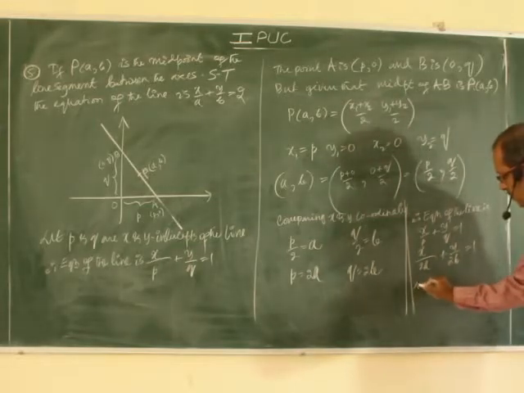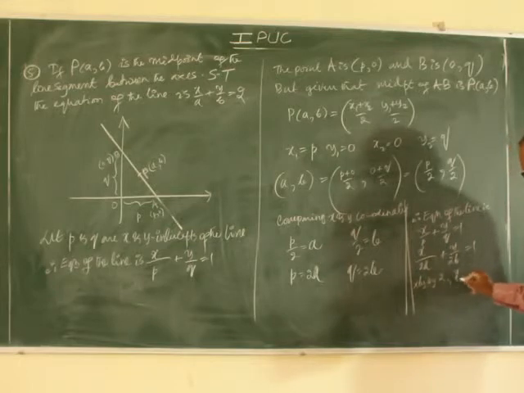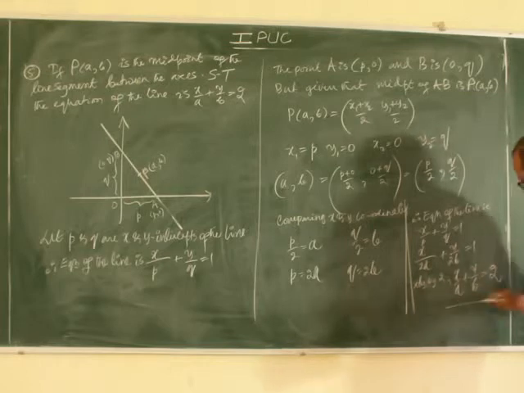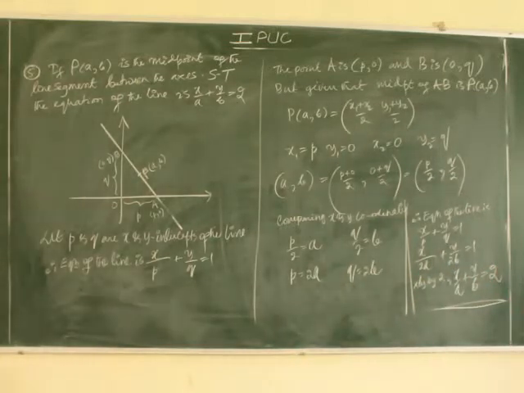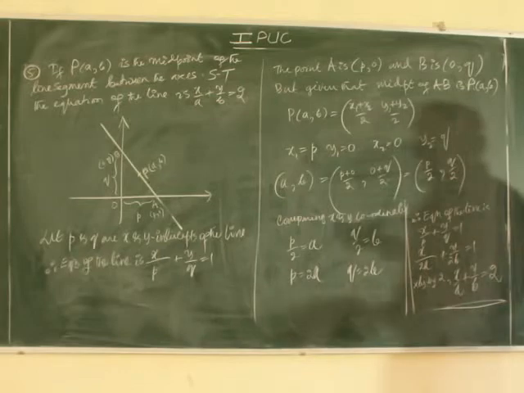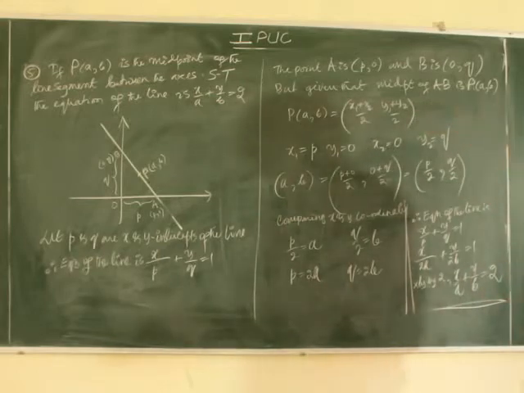Multiplying throughout by 2, x by a plus y by b equal to 2. Equation of the line, multiplying throughout by 2, you get x by a plus y by b equal to 2. That is what we have to prove.